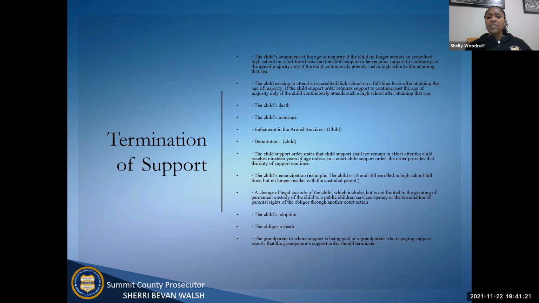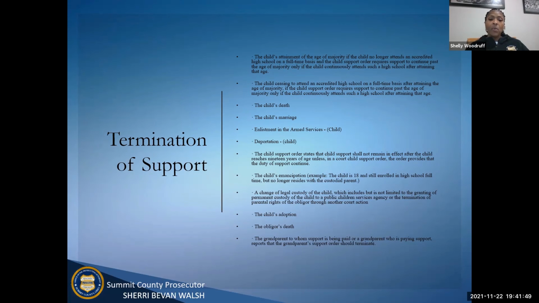So we do have some cases where grandparents are ordered to pay child support because they could have a minor son who had a baby, and the minor son's parents would be responsible for the child support in the event that the mother of the child was receiving benefits.